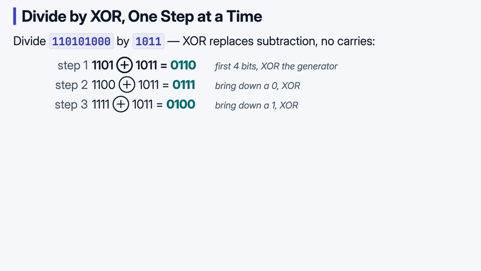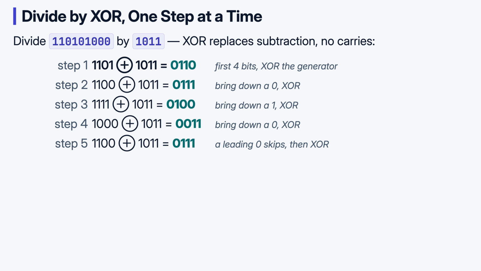Bring down a 1 and XOR. 1111 XOR 1011 is 0100. Bring down a 0 and XOR. 1000 XOR 1011 is 0011.